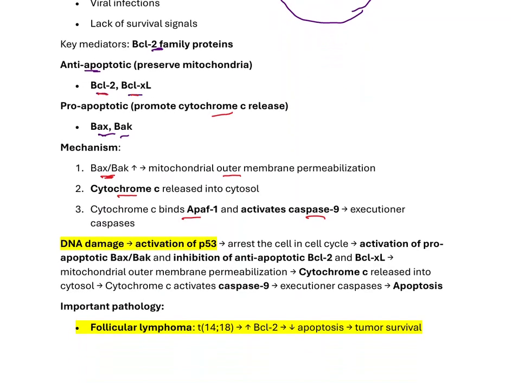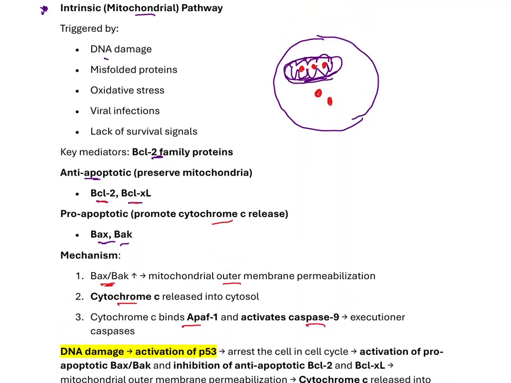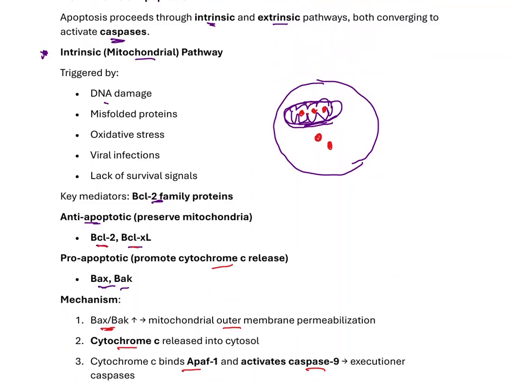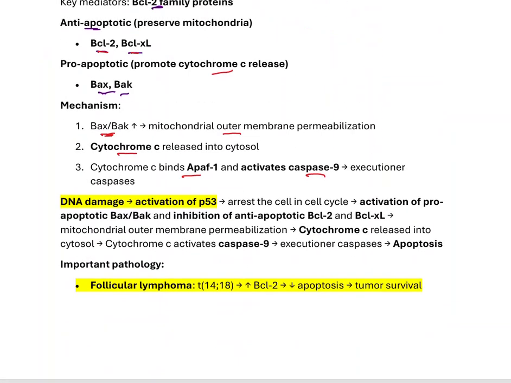So let's look at DNA damage. Let's just take DNA damage as an example, because remember, we mentioned a couple of things that will activate this intrinsic pathway, and one of them is DNA damage. Let's say the patient is exposed to radiation, and because of the exposure to the radiation, there is DNA damage.